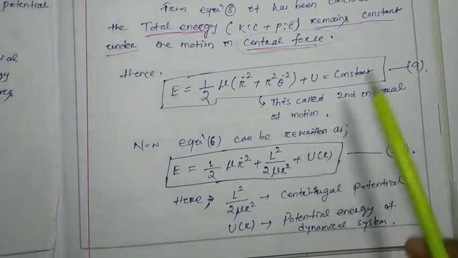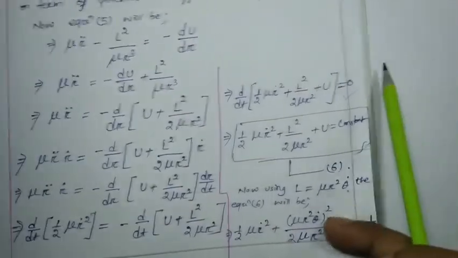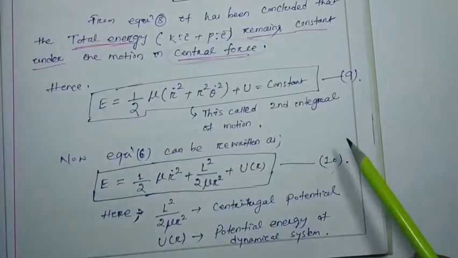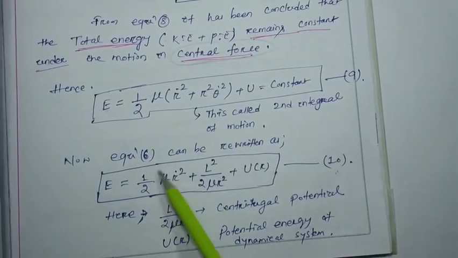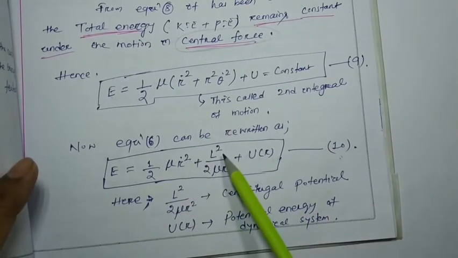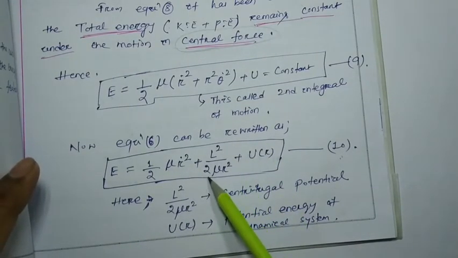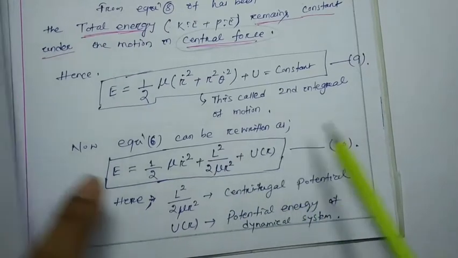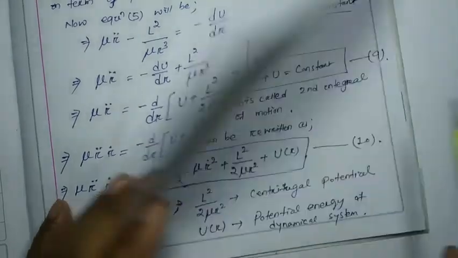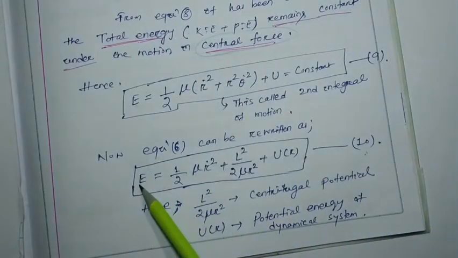Equation number 6 is what? This one. Now equation number 6 can be rewritten as half mu r dot square plus L square by 2 mu r square plus u will be constant, which is equal to E. Okay.